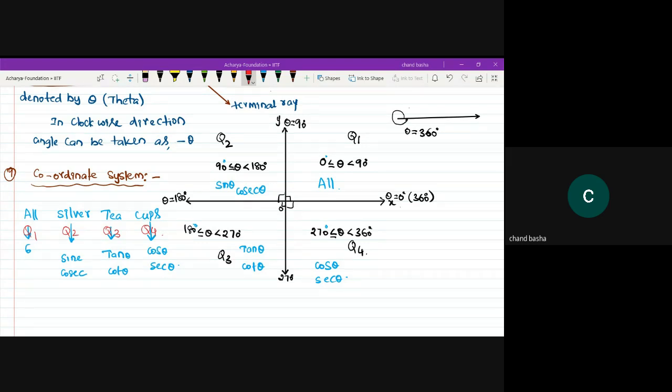If you want, I'll try to finish your class within 1 day, total trigonometry in 1 day, or I can complete your trigonometry in 1 month or 2 months, because it is such an important topic. So don't be in a hurry. Let's move to the next point.